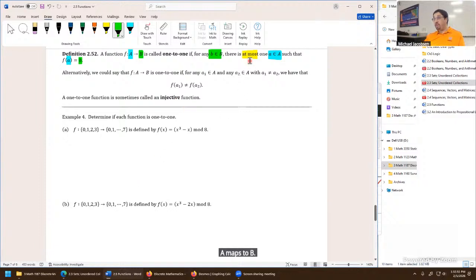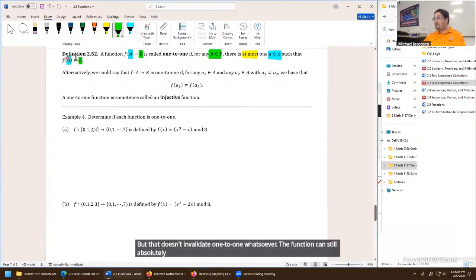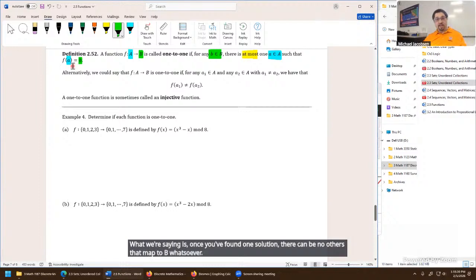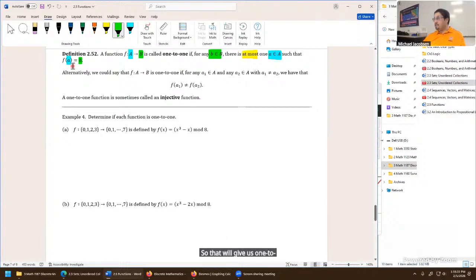The "at most" is very, very critical here. It's possible you found a b for which this has no solution. That means it's not onto, but that doesn't invalidate one-to-one whatsoever. The function can still absolutely be one-to-one, even if this has no solution for a particular value b. What we're saying is, once you found one solution, there can be no others that map to b whatsoever. So that would give us one-to-one. And the author admits these definitions are tricky.